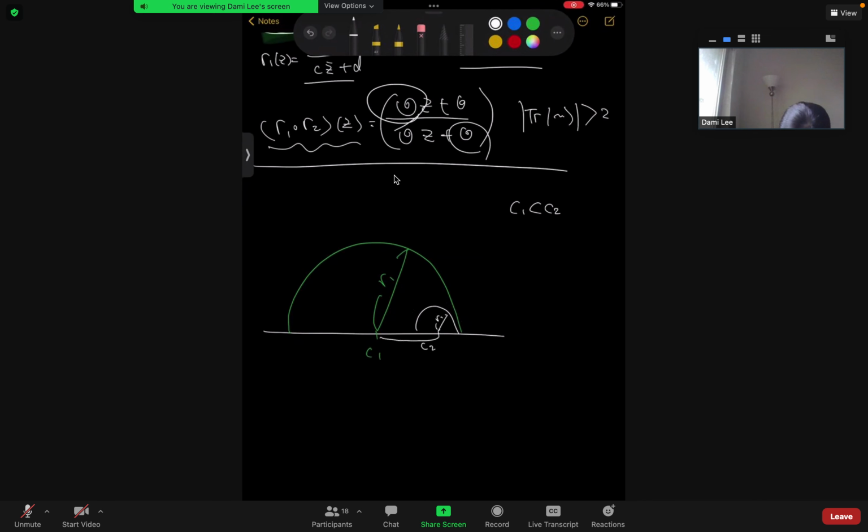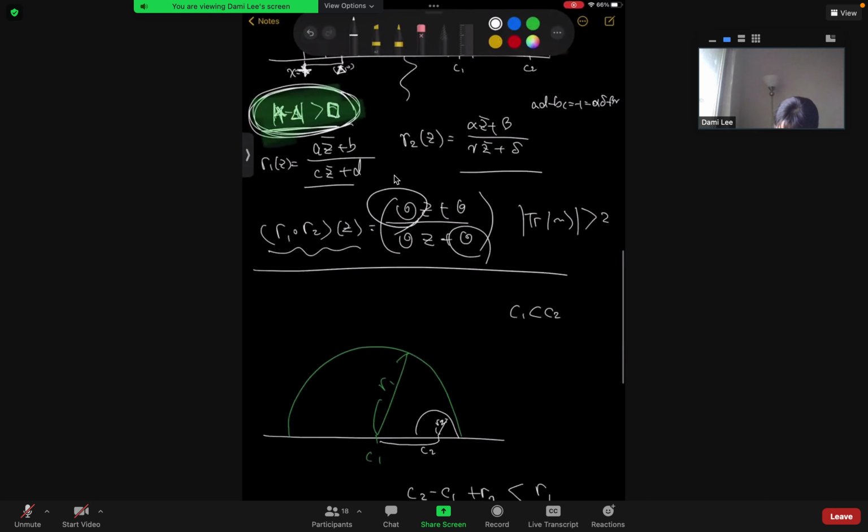Here, assuming that C2 is greater than C1, we want to say that C1 minus C2, the distance between the two centers, plus R1 is less than R2. R2 is less than R1.